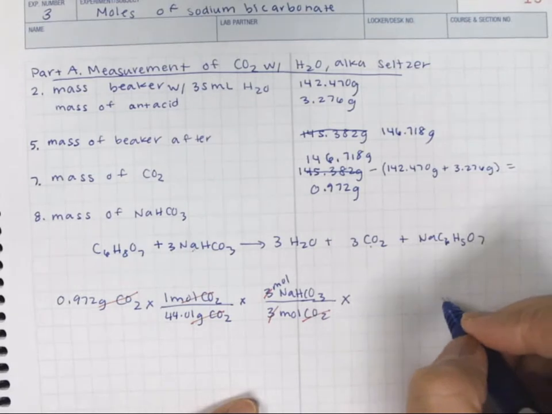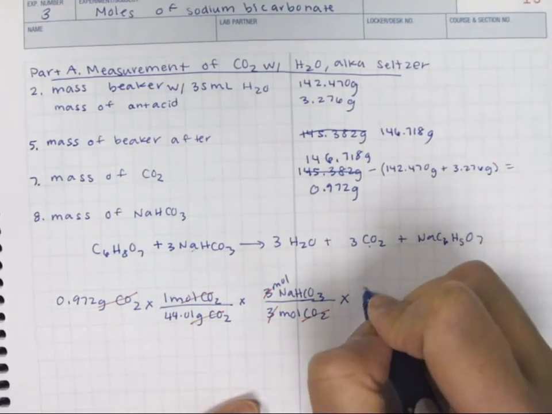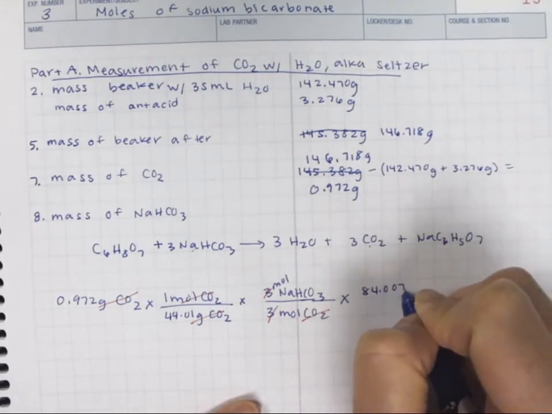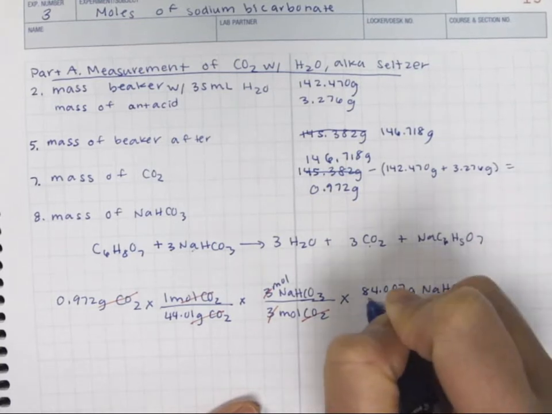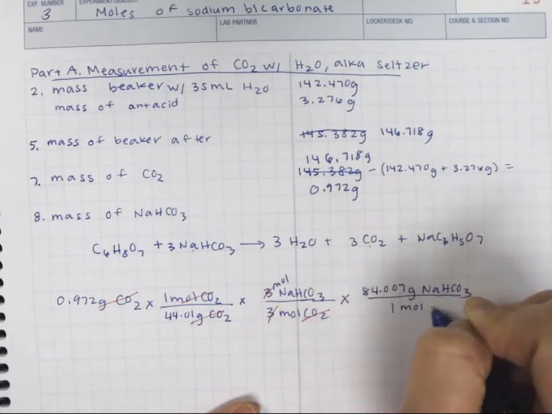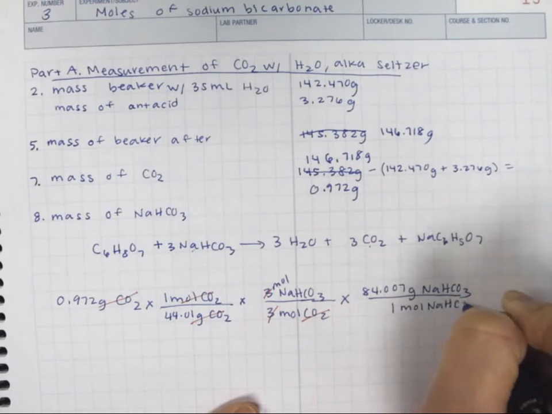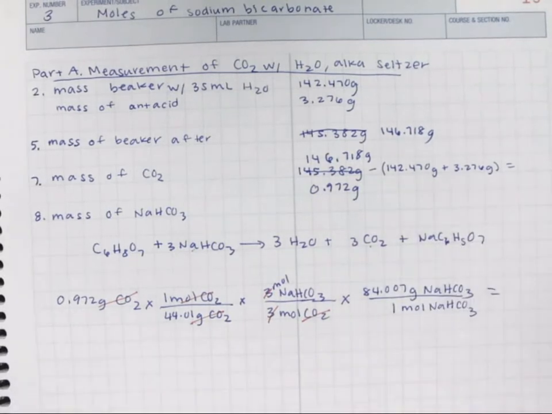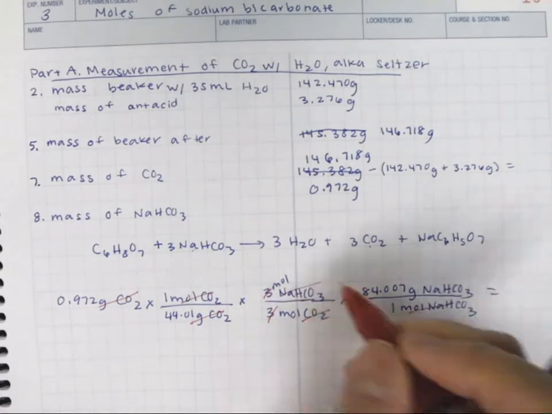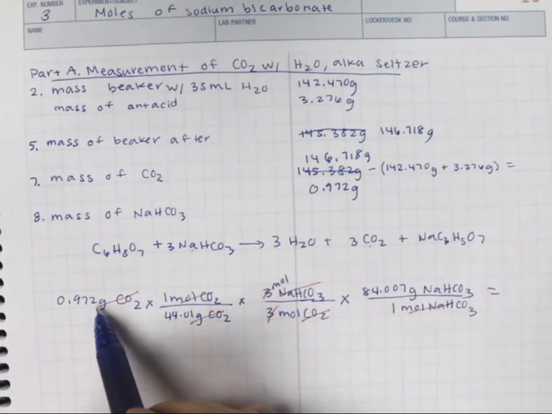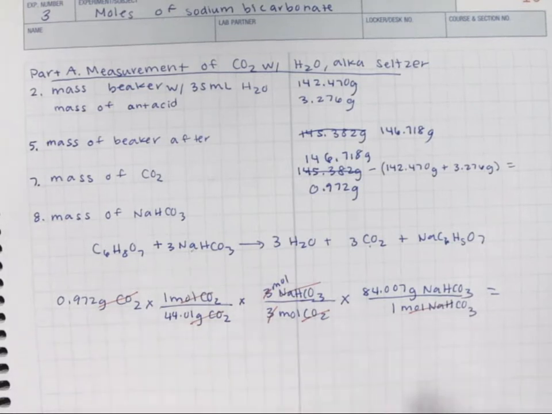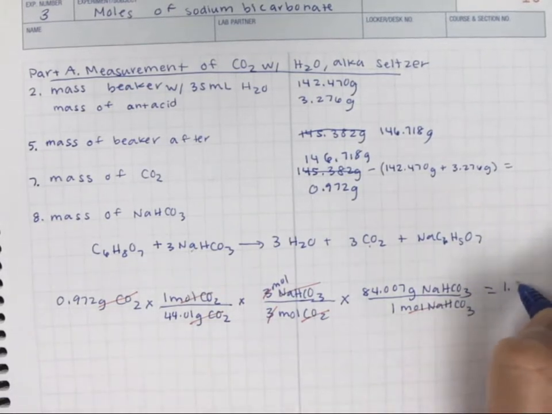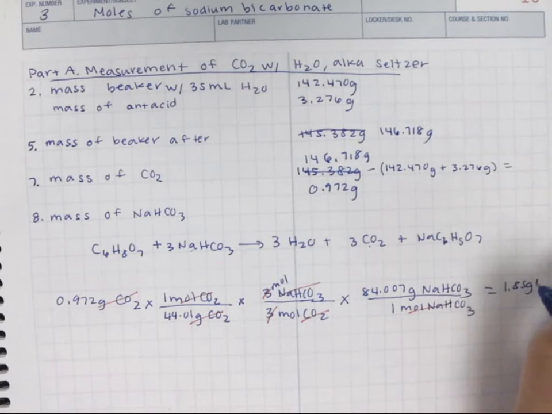And now to get to grams of sodium bicarbonate, the molecular weight is 84.007 grams of NaHCO3 for every 1 mole of NaHCO3. So when you do this calculation, again, the moles of bicarb cancel out. When you have all of these units and what they are grams of or moles of, it makes it a lot easier to see what's going on. So this value will be 1.856 grams of NaHCO3.